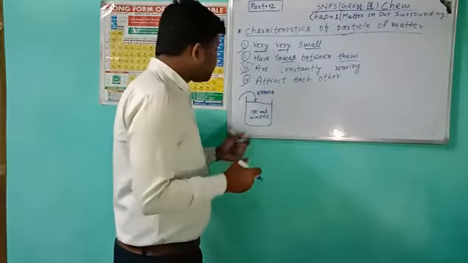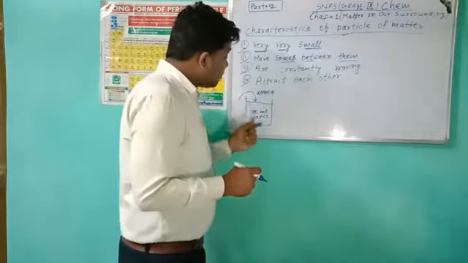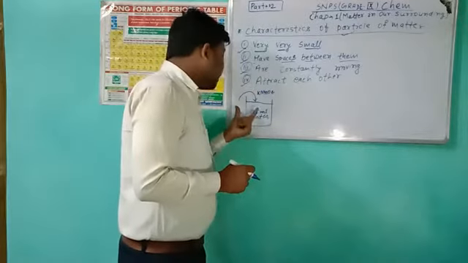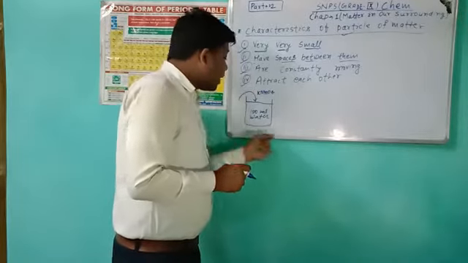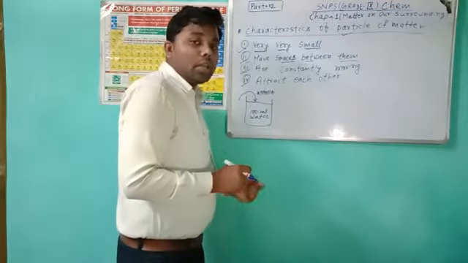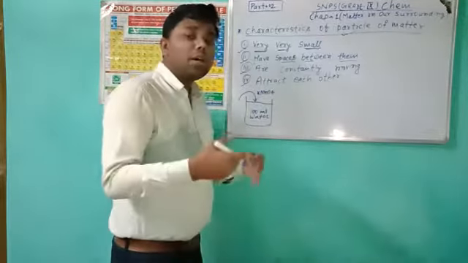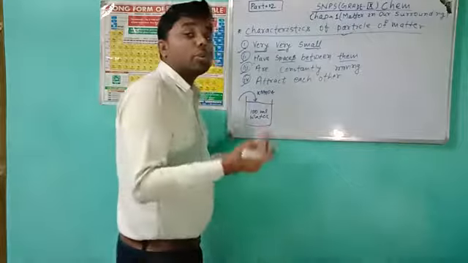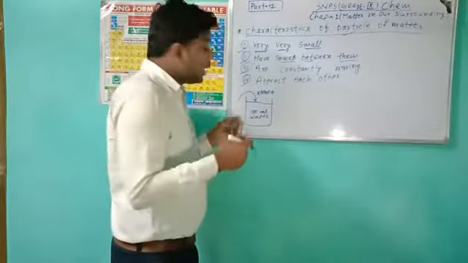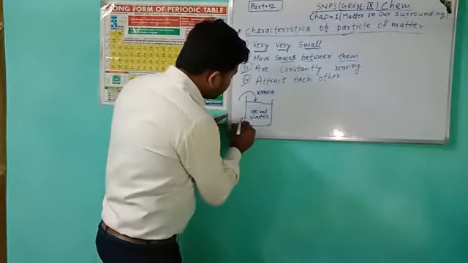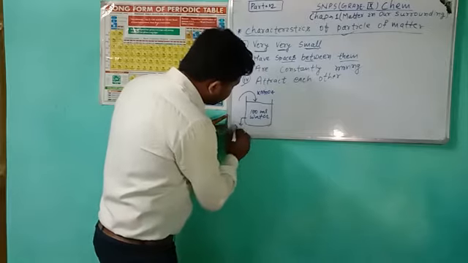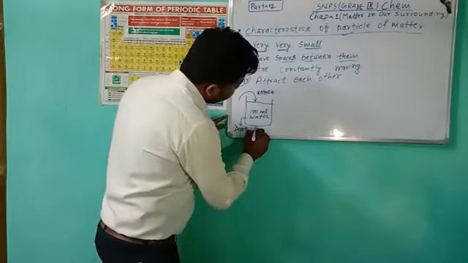If we add some potassium permanganate in 100 ml water, then what is the color of that solution? The color of this solution will be dark purple.